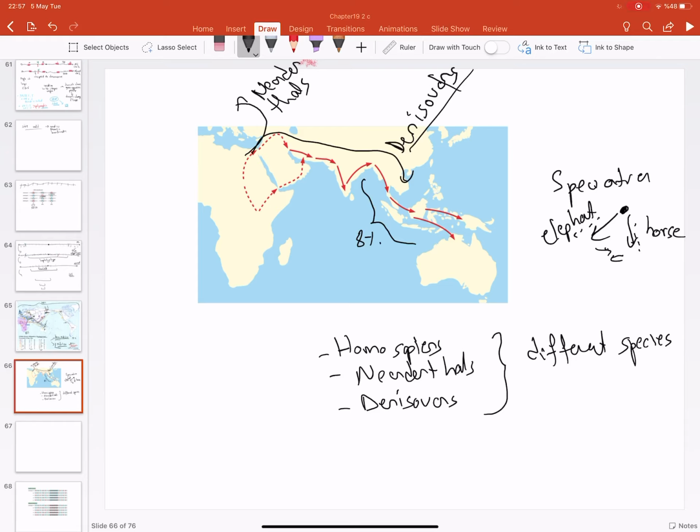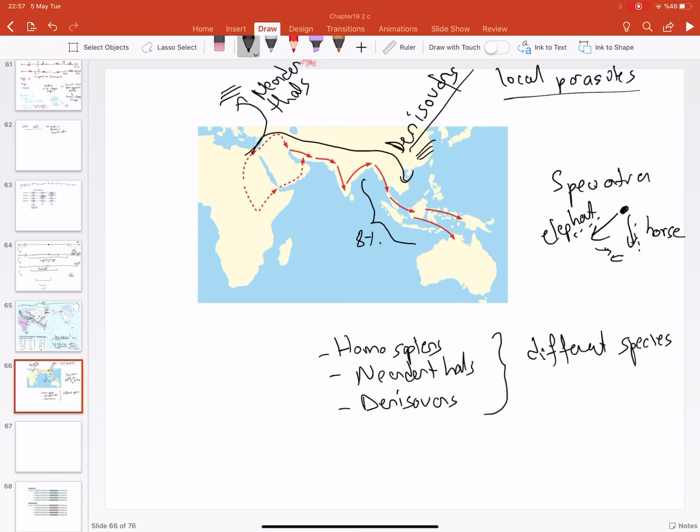And it was very useful for the humans because Denisovans have been here much before the Homo sapiens came, and Neanderthals have been living in the cold climate of Europe. And these guys, they were adapted to local parasites. Parasites are one of the big drivers in evolution. It drives the immune system.